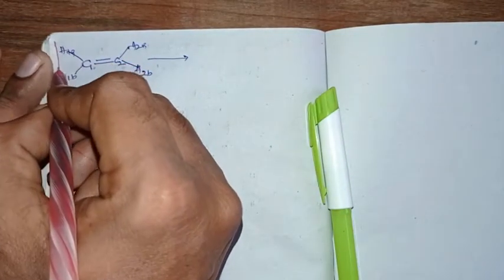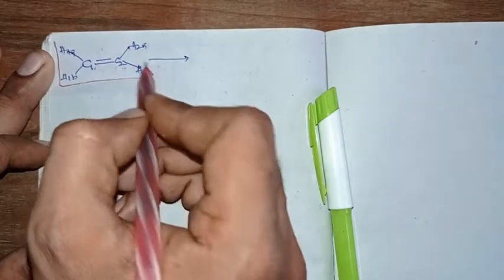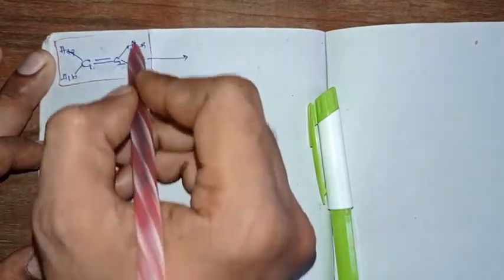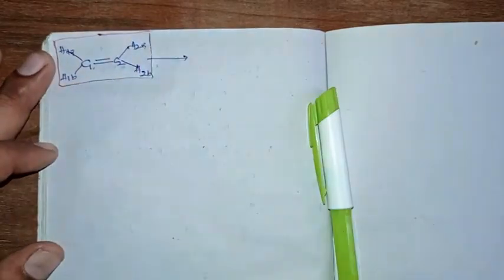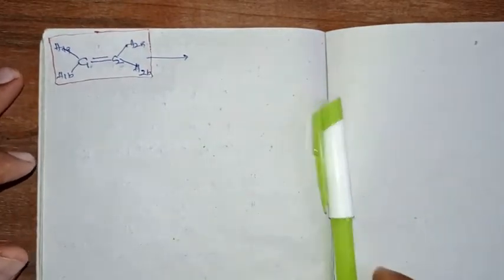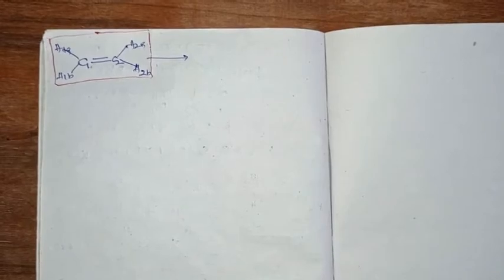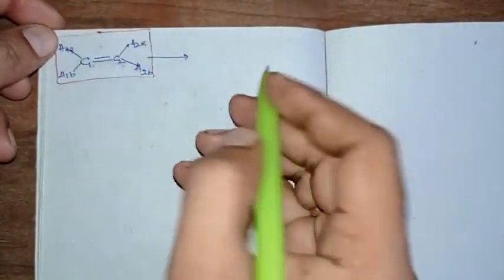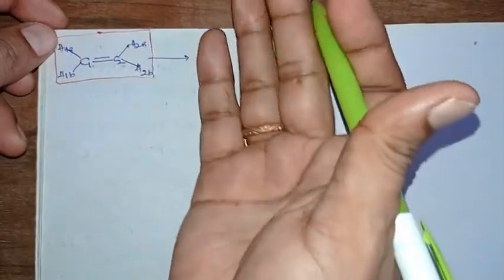That is the advantage when we examine a planar molecule: the number of planes will be easily obtained. So here the plane which is passing through all the atoms bisects all the atoms into equal halves.